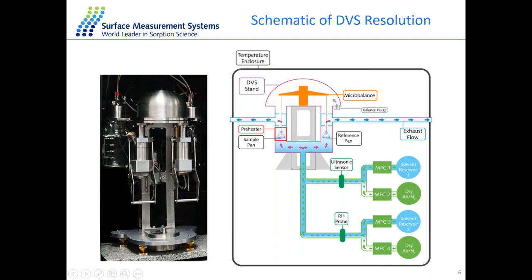As you can see, there are two bottles at the back of the system. One bottle is for the water and the other bottle for the organic vapors. The carrier gas for the system could be nitrogen or dry air. And the mass flow controllers in the system will control the flow of the carrier gas and the saturated vapor in ratio to get a certain level of relative humidity or partial pressure.